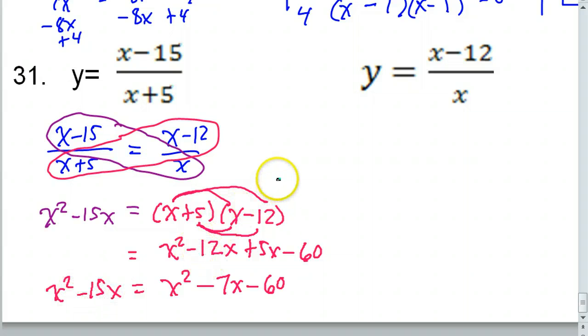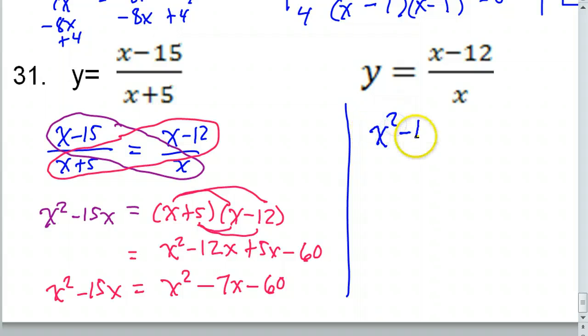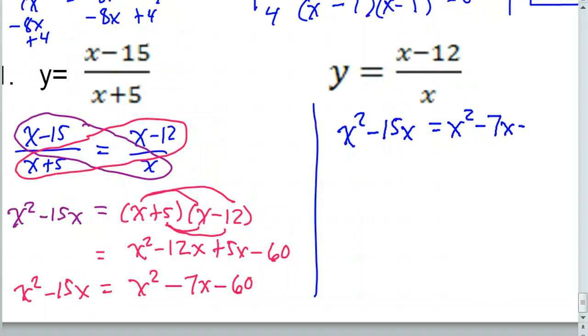Okay, just bringing that down. So in fact, let me just recopy this over here where I have a little more space. So I've got x squared minus 15x is equal to x squared minus 7x minus 60.